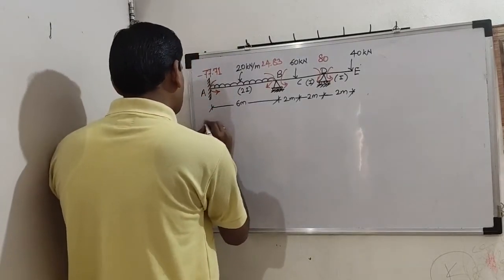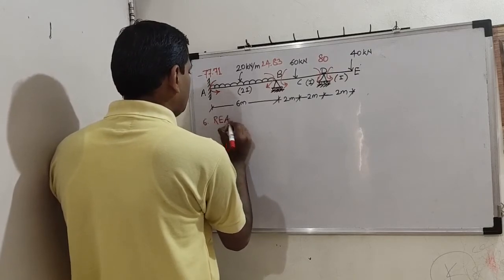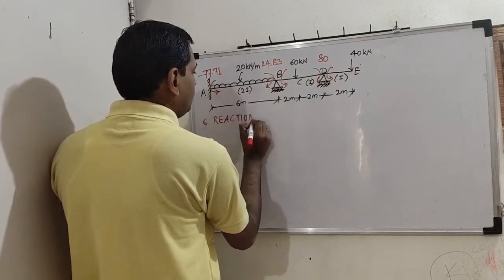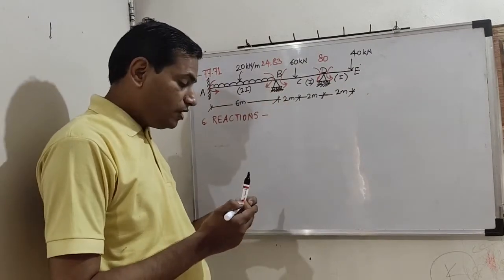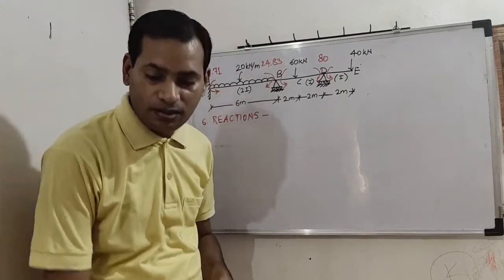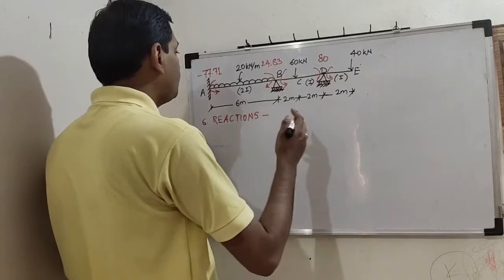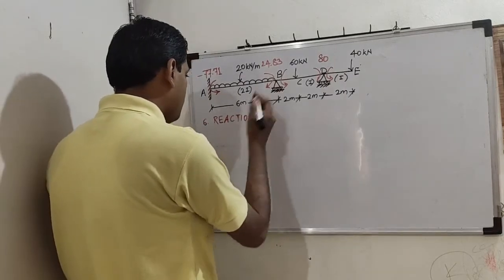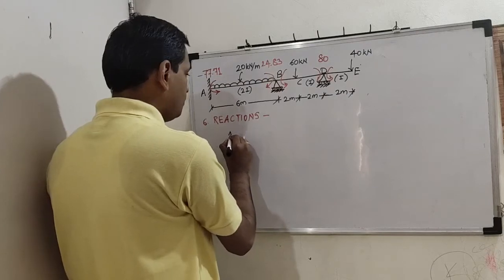So sixth step is reactions. Finding out these reactions correctly is an important task, because this is going to give us the shear force diagram and bending moment diagram. So let us first of all draw the free body diagram for span AB.